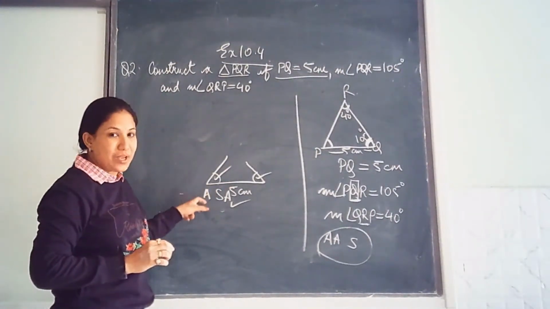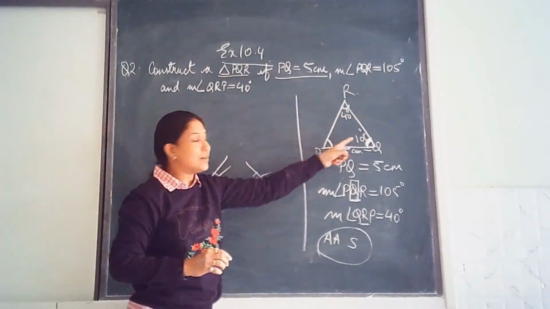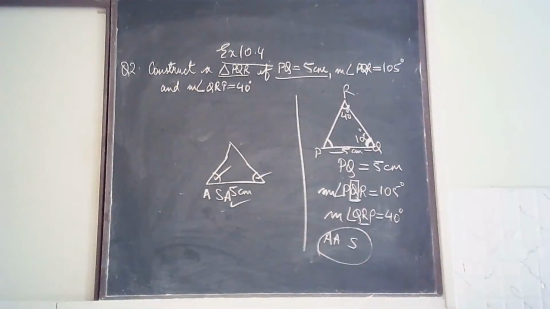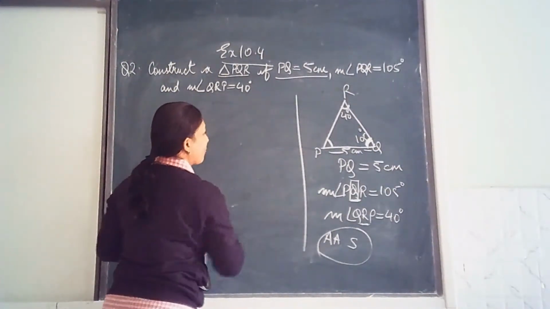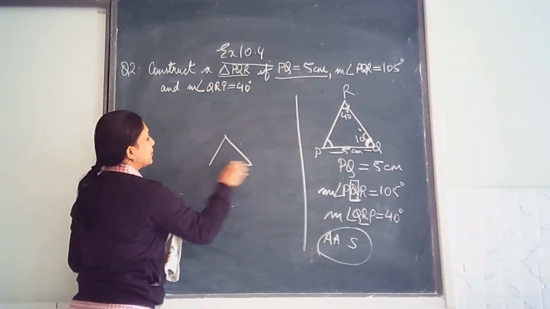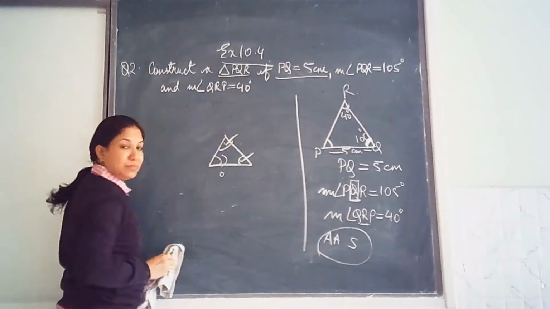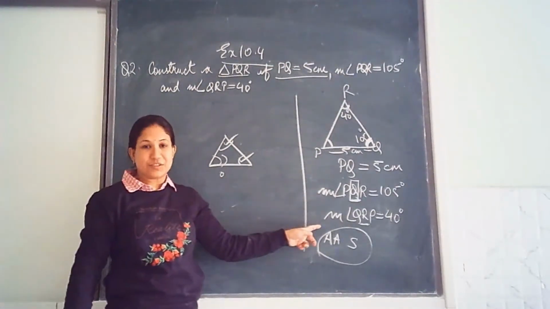So here, how can we do that? See, in this question, two angles are given. Now see the given figure, children. Two angles are already given. One angle is missing, and just because this angle is missing, we cannot construct the triangle.